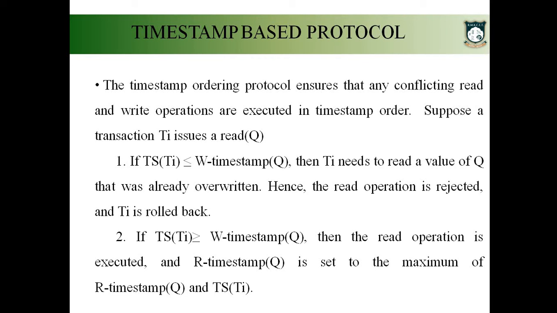So in that case, the read operation is rejected and the requesting transaction is made to roll back. Okay, if you spend a couple of minutes going through this concept, it will definitely be very clear for you. It is not a complicated logic, it is very simple logic.